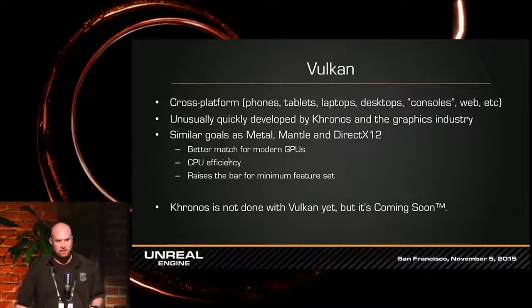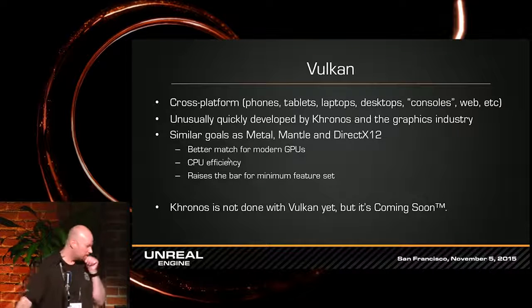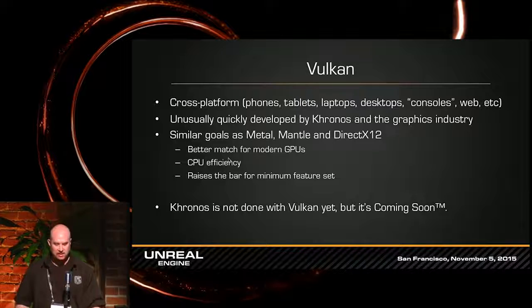Then there's another API on the horizon: Vulkan. I would refer to the bottom point there, that Vulkan isn't done yet. It's not public. It's coming soon. It's been developed by Khronos, who came up with OpenGL ES. Now, OpenGL has been with us for many, many years.